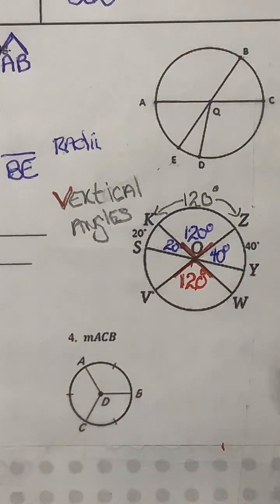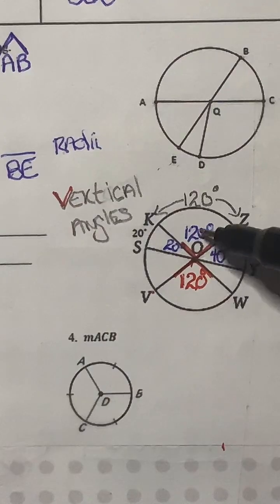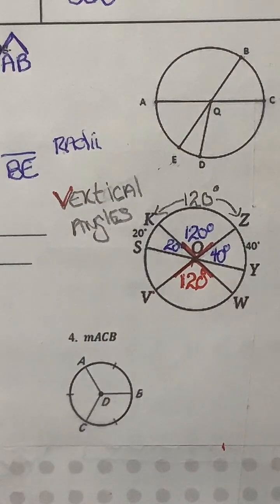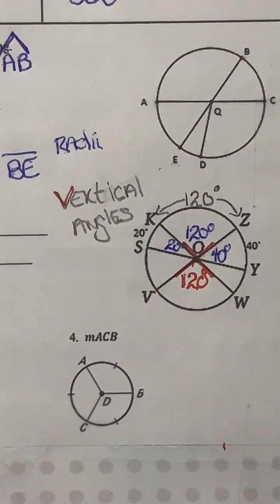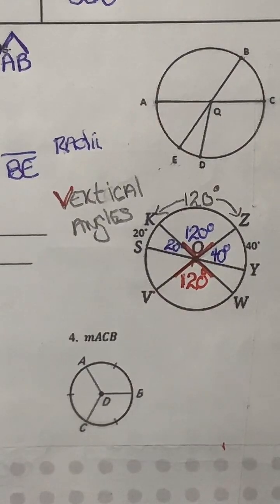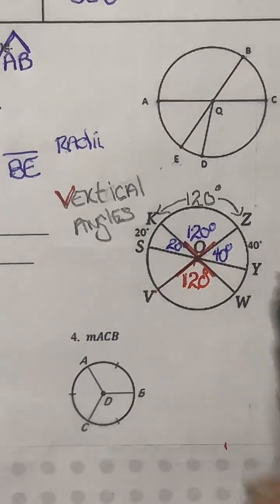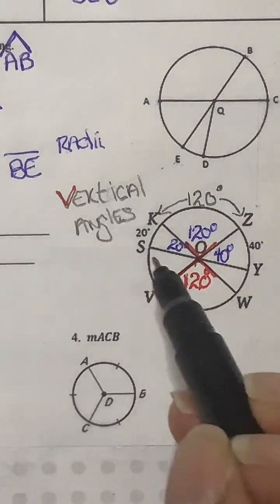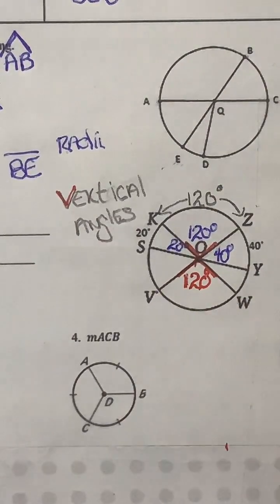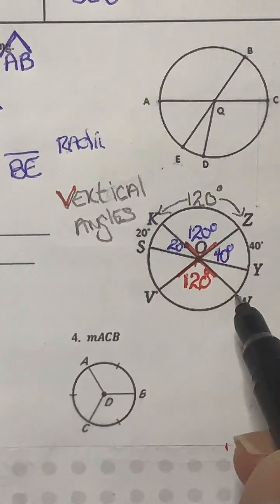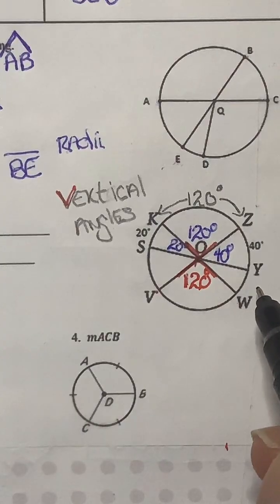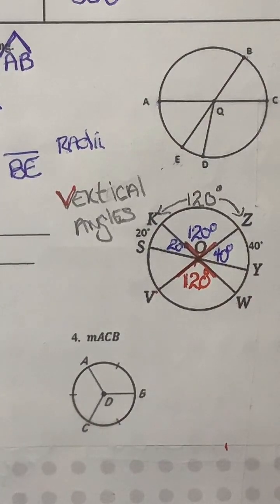Which one do you think? Based on what I just did with the 120. If you could take a guess, it's perfectly fine. This is not Squid Games. You're not going to die. All right? So would it be angle SOV or angle YOW? Which one will measure 20 degrees?